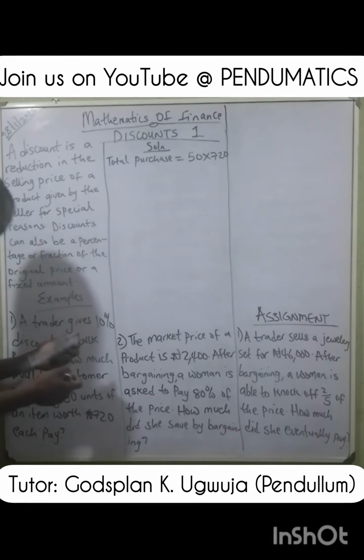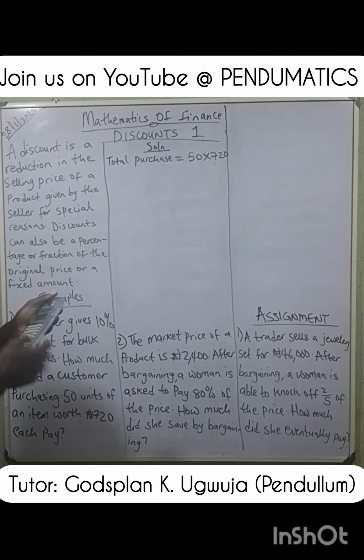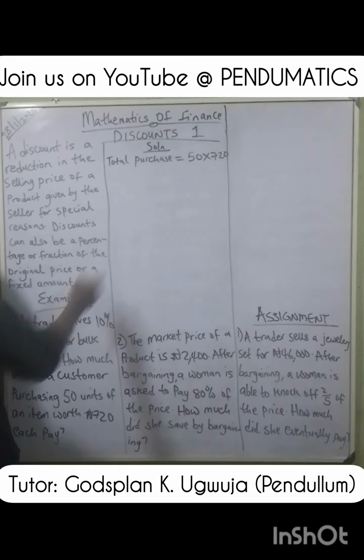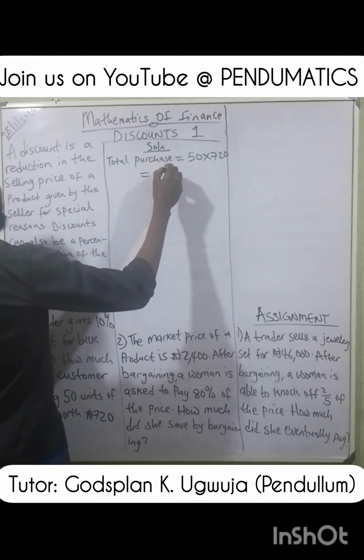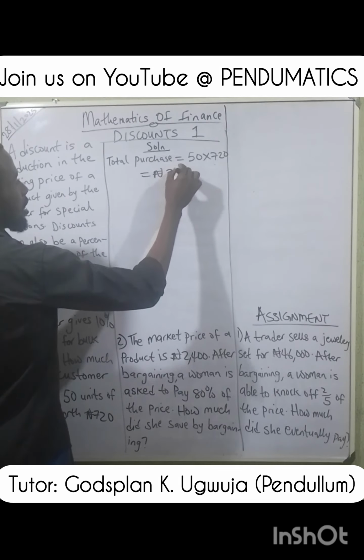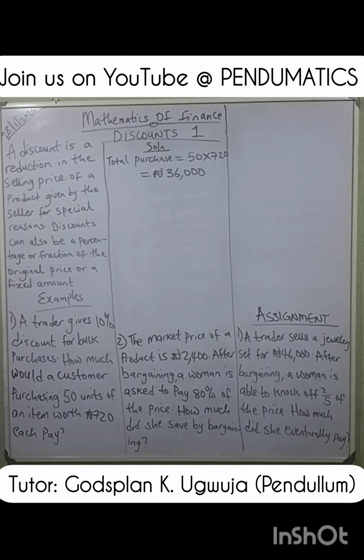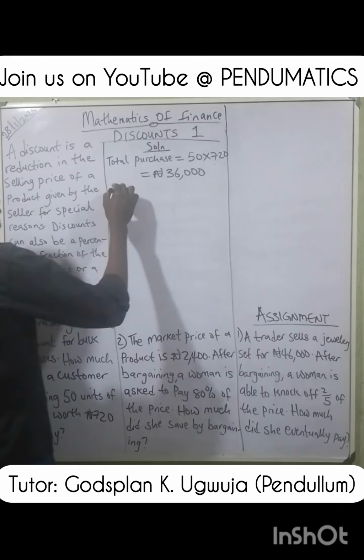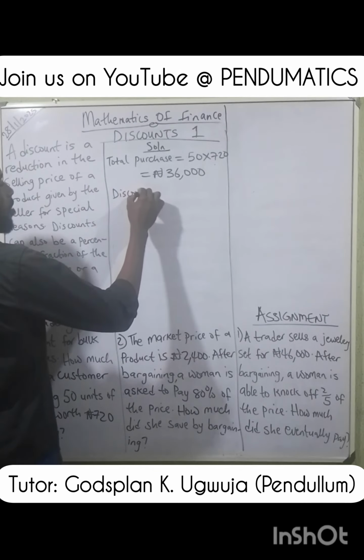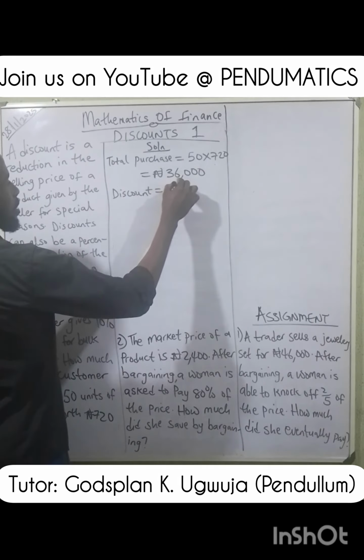All right, so 50 times 720, meaning his total purchase is 36,000 naira. That's the total purchase of items. And now he got a discount of 10%.